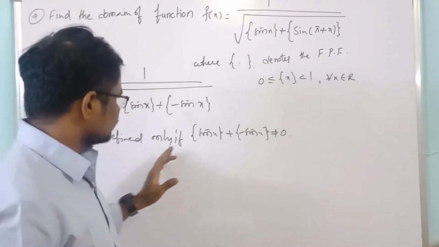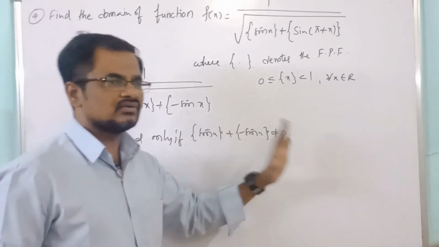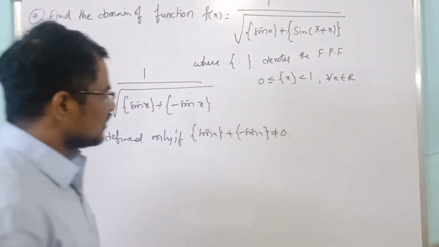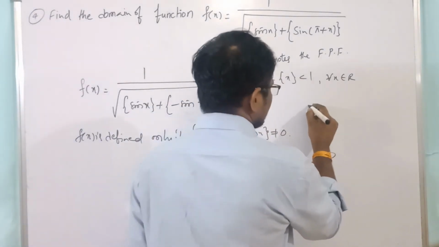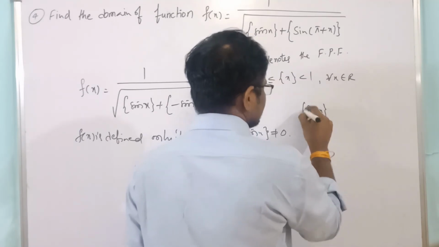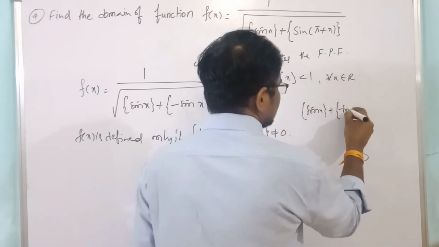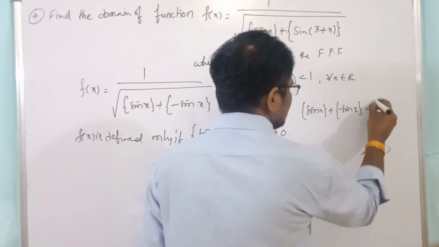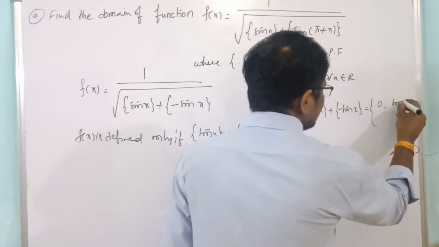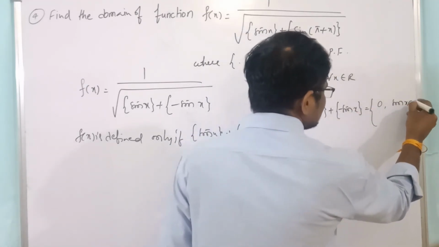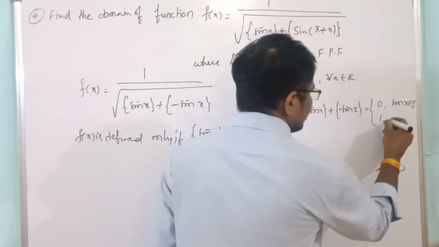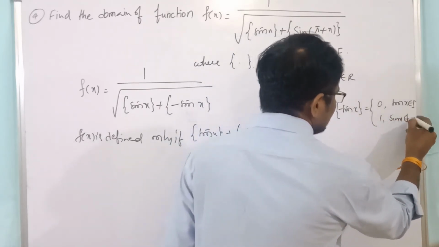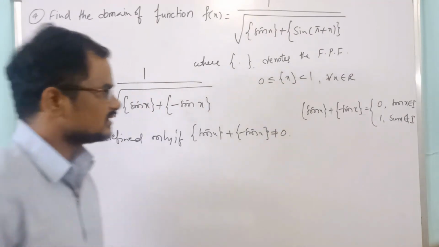So that's why this one is not equal to 0. Now also we know that fractional part of sin x plus fractional part of minus sin x equals 0 whenever sin x belongs to integers, and it is not 0 whenever sin x does not belong to integers, right?